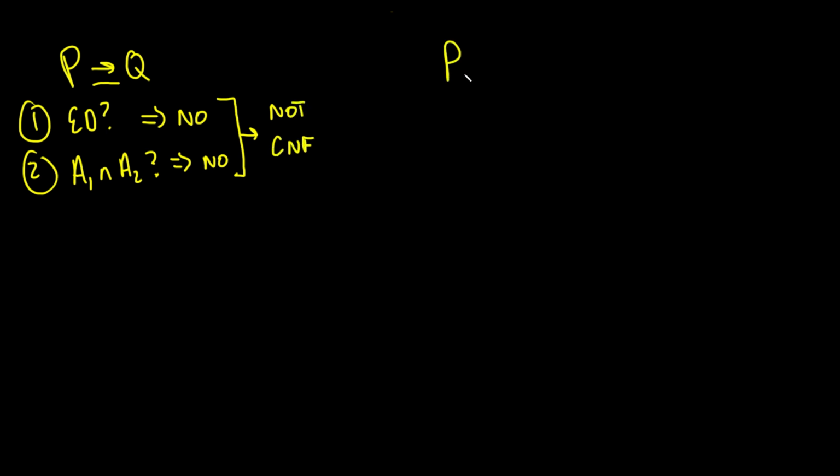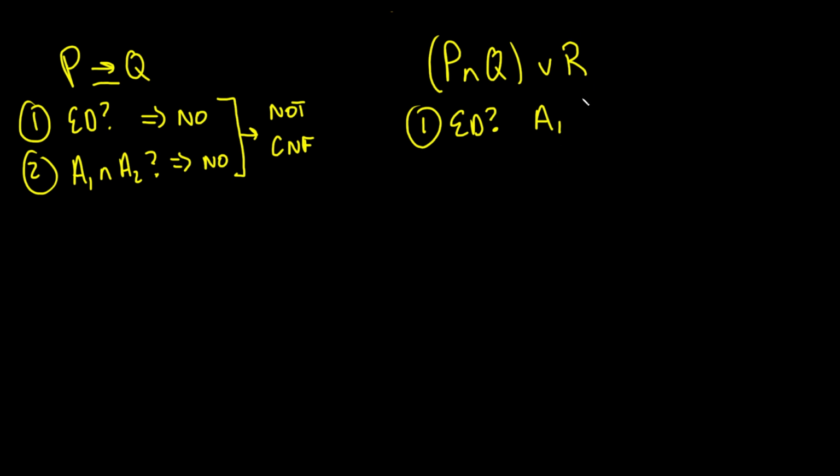Now let's take a look at this formula, P and Q or R. Again, one way of approaching whether or not this formula is in conjunctive normal form is to first ask ourselves, is it an elementary disjunction? That is, if we just treat it like a single formula, is it a literal or a disjunction of literals?